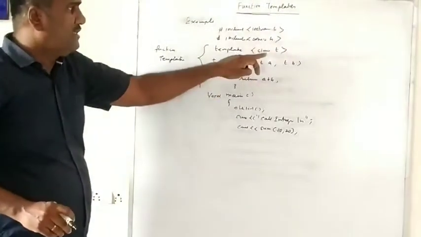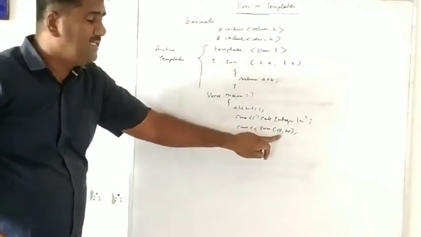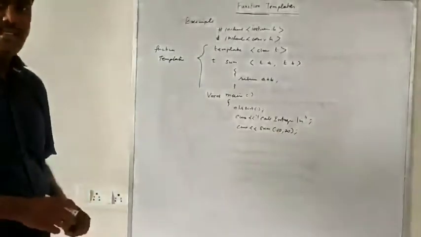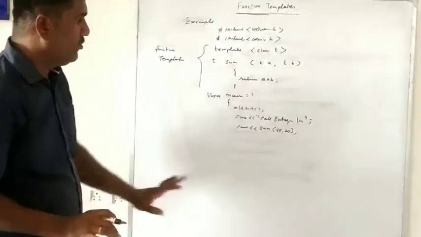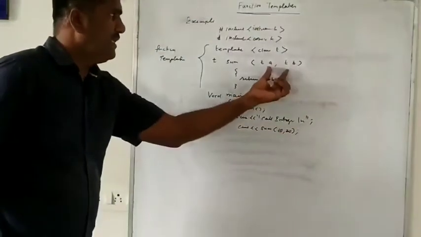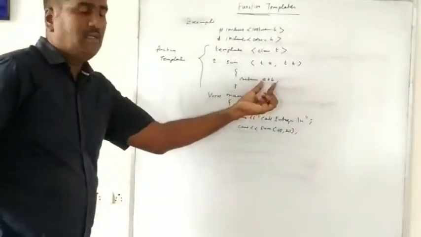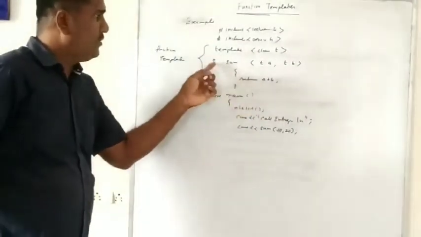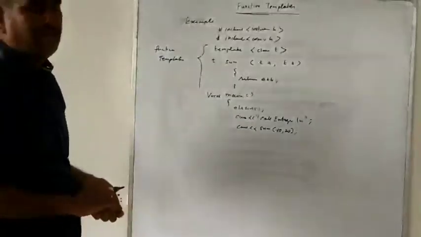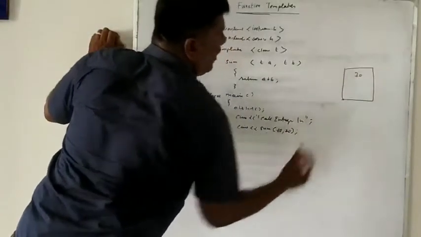Now in the function template, the class T is taking the integer data type. Finally you add the sum, and the final result is returned as T. So the output is the same.